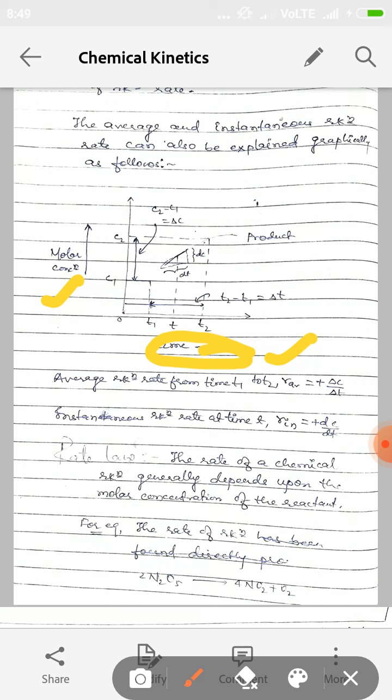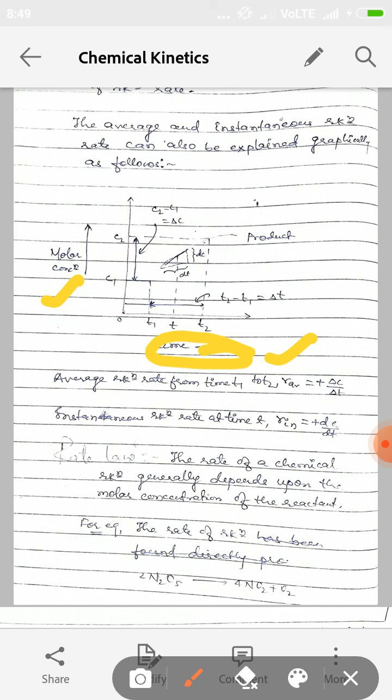Here the reactant goes to product, and we can see delta concentration by delta t at time t. Average reaction rate from time t1 to t2: rate average equals plus delta c by delta t. Instantaneous reaction rate at time t: rate instantaneous equals plus d concentration by dt.